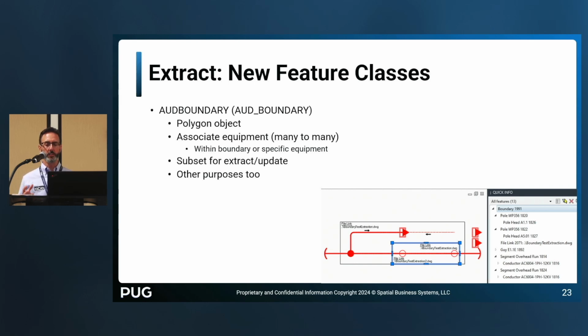But it can also be used to include any arbitrary selected features to that boundary. And we've done that to allow for cases where you may have features that may not fully fall within the boundary, or that may be non-graphical, or that otherwise would not be picked up by the extents of the polygon.